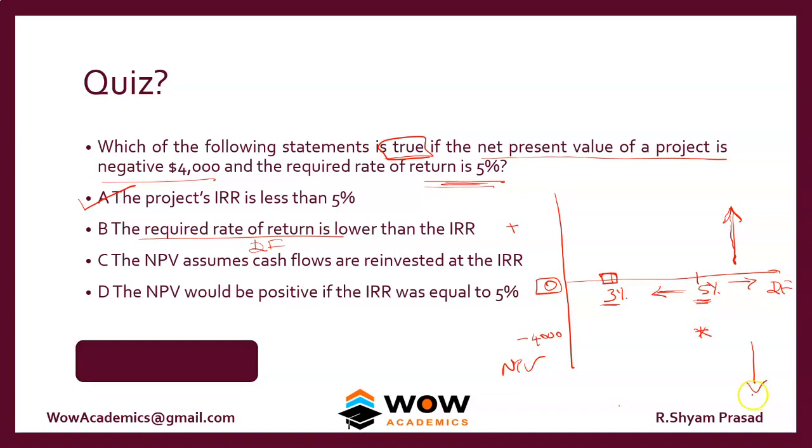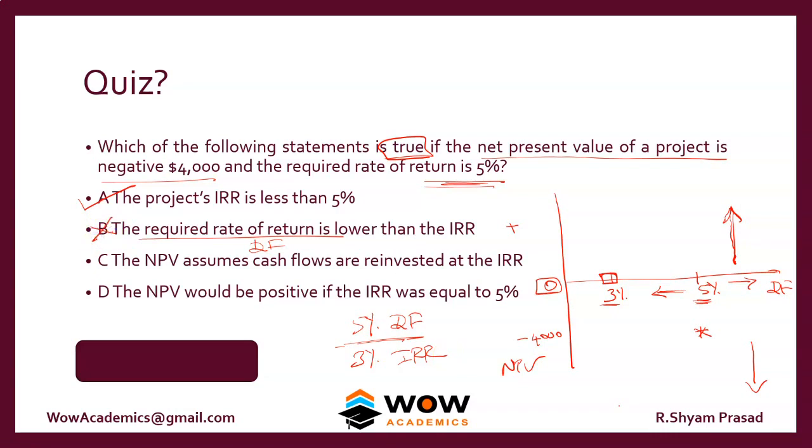That's the only reason we are getting negative NPV. How can it be lower? Discount factor is actually higher, right? Discount factor is 5%, and IRR should be less than this. That's why we get an IRR of 3%. If that is the case, this is a wrong choice.